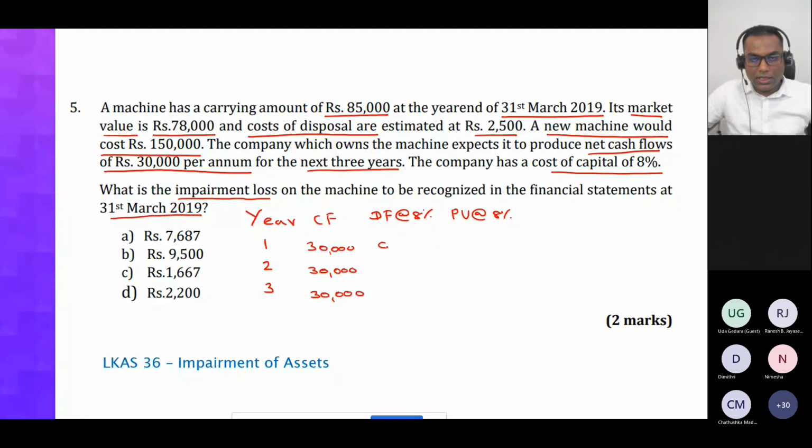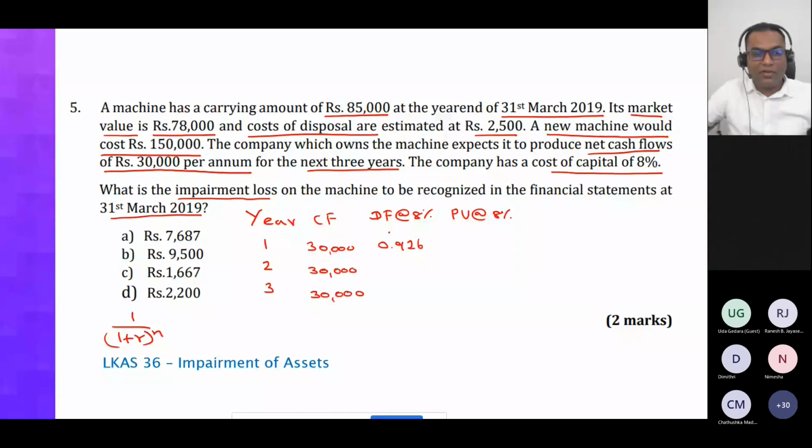so here I would say 0.926, right? I hope all of you know how to get the discounting factors. How to get the discounting factor? 1 divided by (1 plus r) to the power n. R is the cost of capital, n is the year.